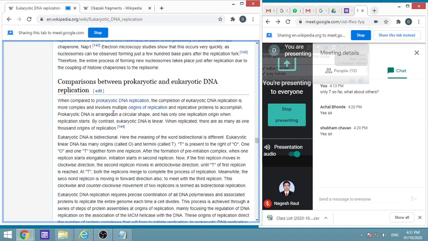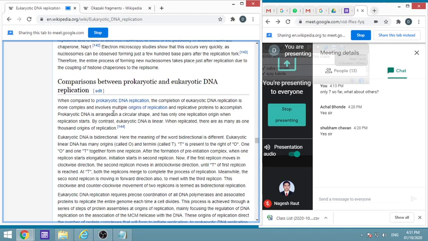Now again, there are differences between prokaryotic and eukaryotic DNA. I will not go into all the basic details, but basically eukaryotic is more complex, and prokaryotic is comparatively simple. Eukaryotic has a very big DNA size, a very long DNA chain.